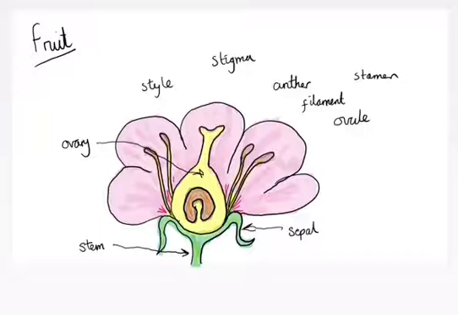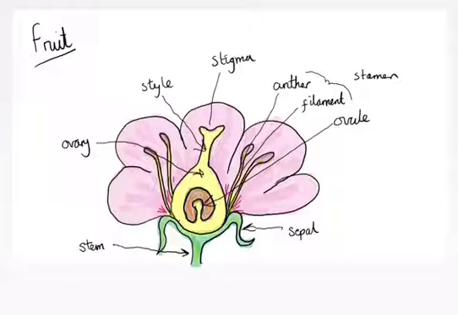The anther and filaments, these bits down here, they are the stamen, the ovule in the middle here, style there, stigma there. Let's draw that arrow a bit better there. Okay.